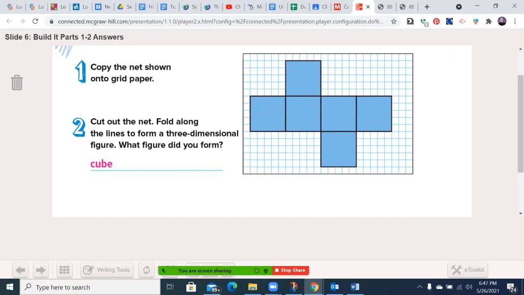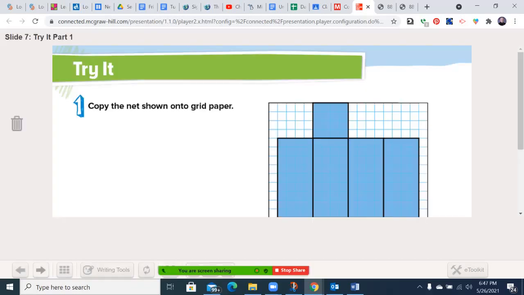Every one of these were 5 by 5 or 25. And we're able to go from there. All right, let's move on to the next page.